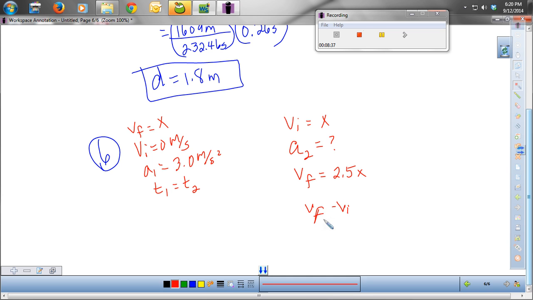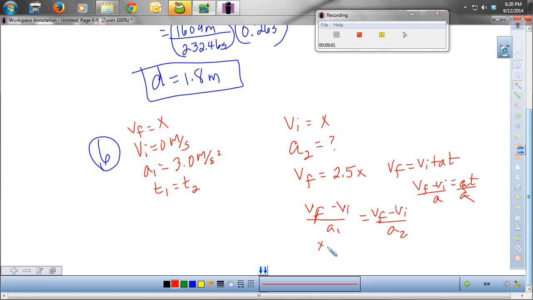minus VI over A1 has to equal VF minus VI over A2. Where did I get that equation? VF equals VI plus AT. So I rearranged it and solved for T, so VF minus VI is AT. So there we go.